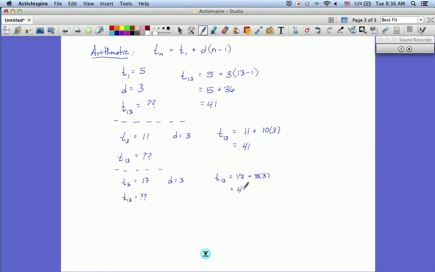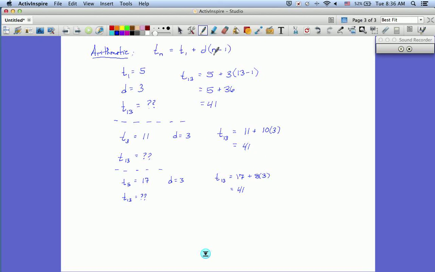And again, we continue to get 41 here. So you're just asking, how many differences do I need? 13 minus 1, I need 12 differences. 13 minus 3, I need 10 differences. 13 minus 5, I need 8 differences.